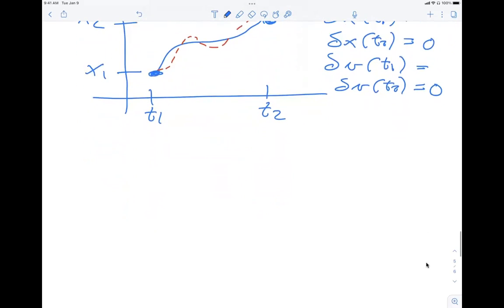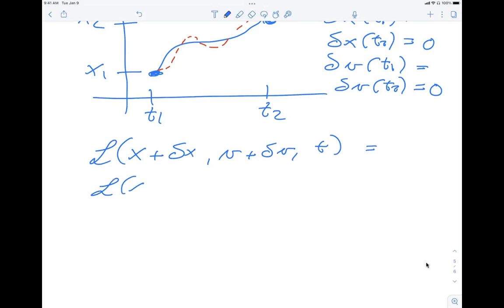So what we're going to do now is to use partial derivatives. And we have x plus delta x, and we have v plus delta v as a function of time. And this is going to be given by L of x, v of t, plus the first derivative with respect to x.